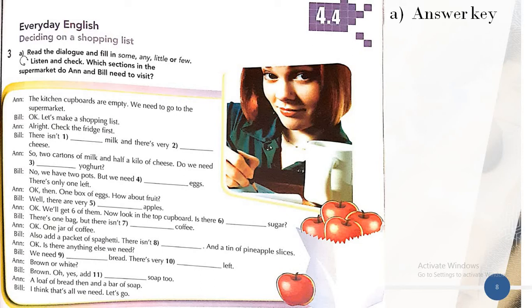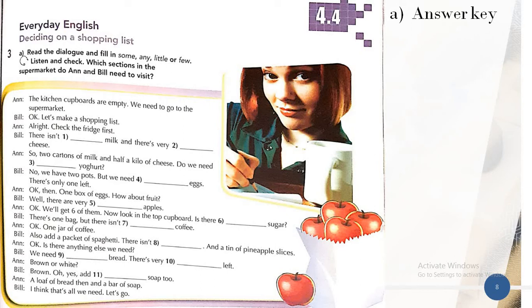So I will read the dialogue for you and try to fill in with some, any, little or few. Anne: The kitchen cupboards are empty. We need to go to the supermarket. Bill: Okay, let's make a shopping list.